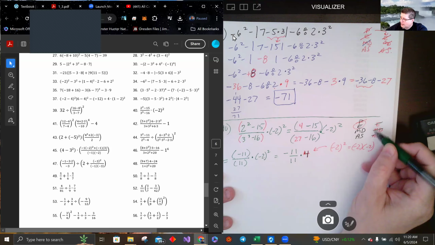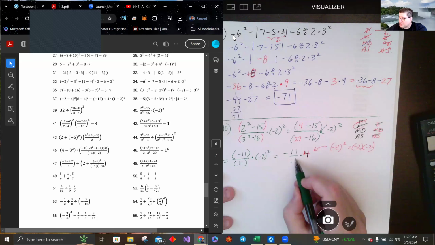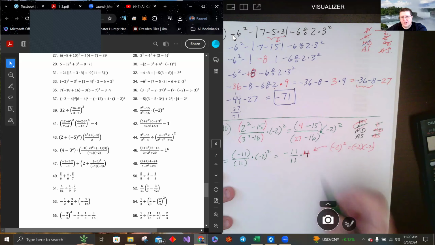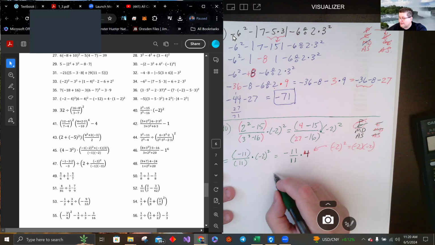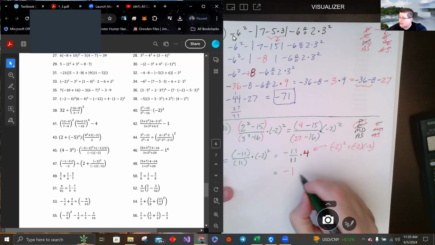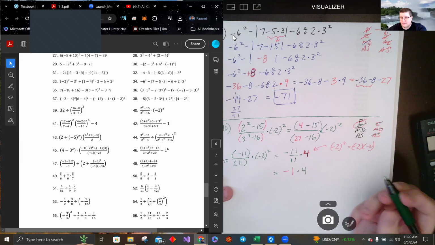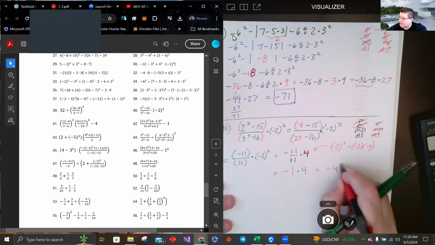So we're going to cross off exponents. We have multiplication and division left. Fractions are really a form of division. So negative 11 divided by positive 11 is negative 1. And we finish it off, we multiply, we get negative 4.